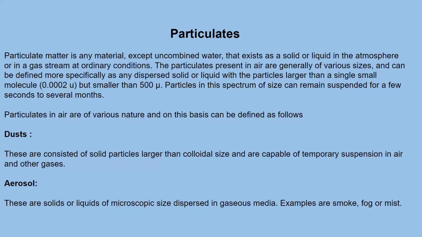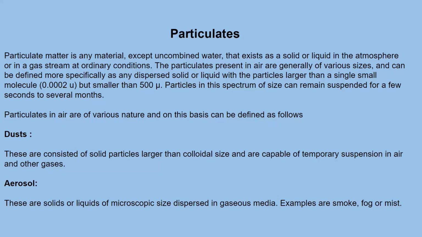Particulates in air are of various nature and on this basis can be defined as follows. Basically, there are two types of particulates: suspended particulates and settleable particulates. If the size of particulates is less than 1 micron, then those are suspended particulates, meaning they are easily suspended in the air.